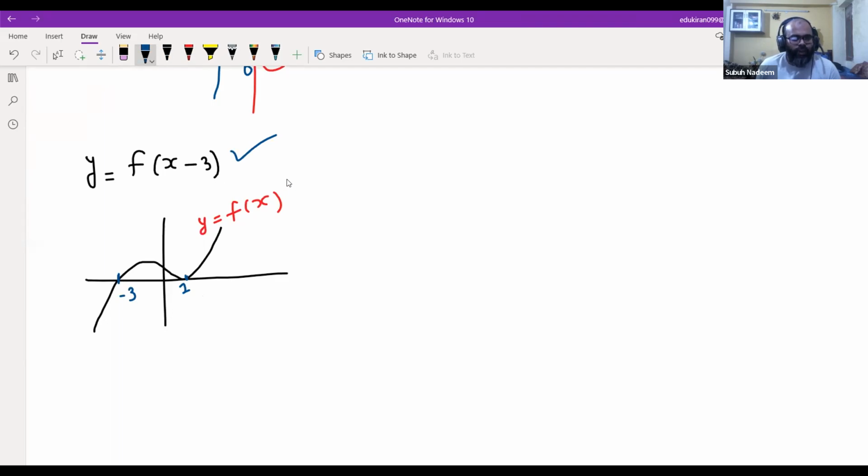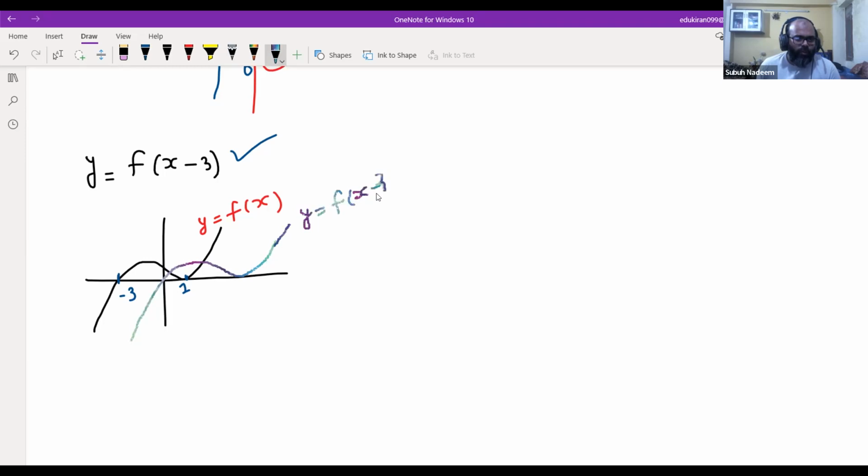Suppose this is 1 where it is touching, and here it is minus 3 where it is intersecting. So you will shift it towards right by 3 units. That means the new graph would be like this.